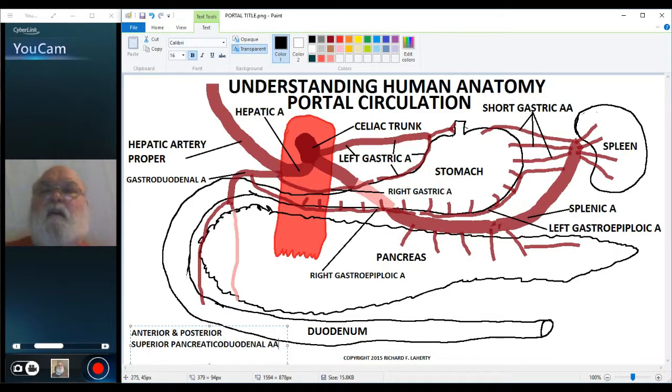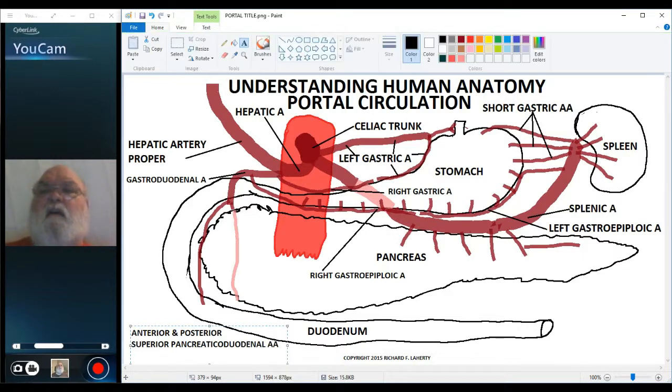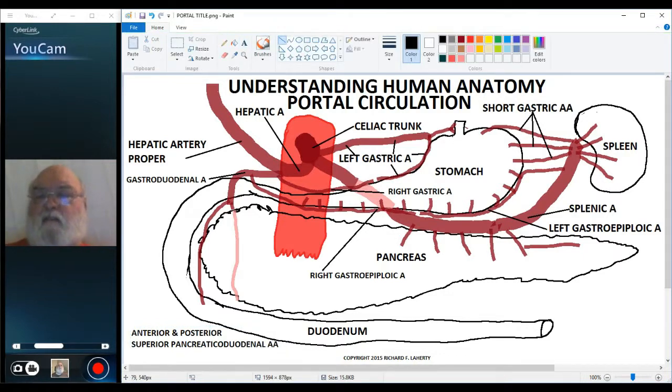And I'll draw the lines in for the anterior and posterior superior pancreatico-duodenal arteries.